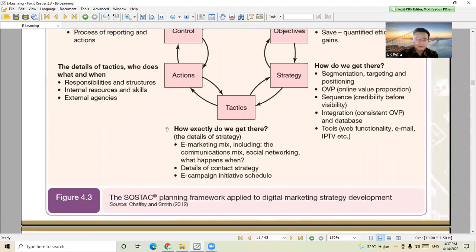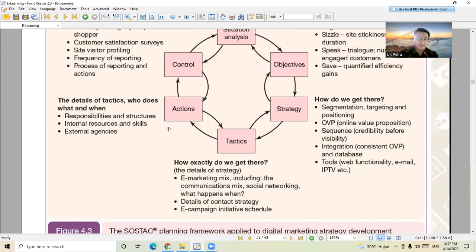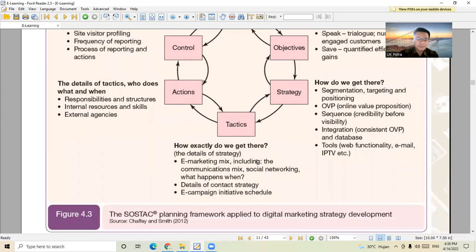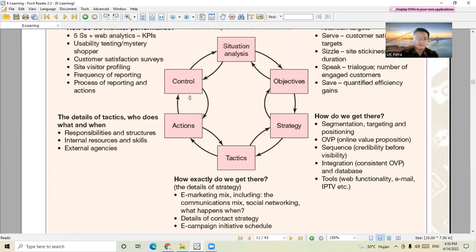All right, before we go to discuss the 7 S's, we will discuss a little bit about figure 4.3. Figure 4.3 is basically the planning framework, based on Chaffey and Smith 2012. They call it SOSTAC. SOSTAC is the abbreviation of situation analysis, objective, strategy, tactics, action, and control.